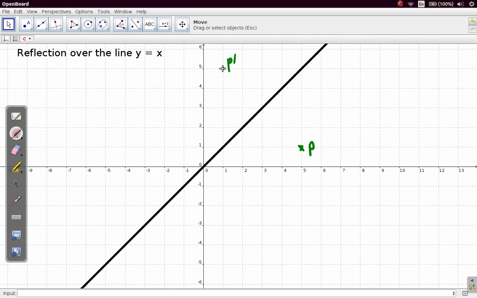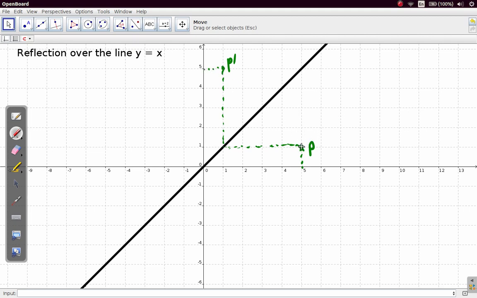P prime will be at 1, 5. Now, here, what we have is this square, which I'm drawing with dashed lines. It will become like this square.